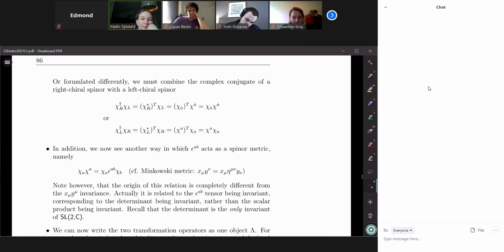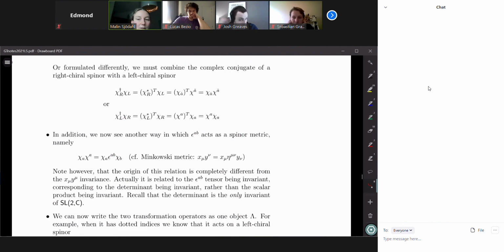But in addition, I can construct a Lorentz invariant using epsilon itself and having two equal types of fields, so two left Carroll fields or two right Carroll fields, and then I contract them with epsilon. So we test the effect of lowering or raising the indices. So I can actually also construct a Lorentz invariant like this.